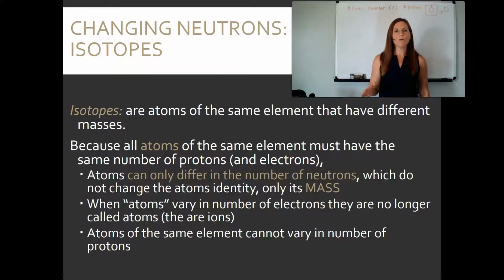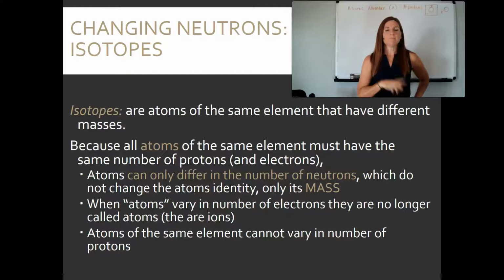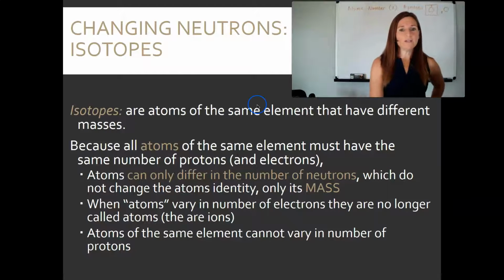An isotope is an atom that has a different amount of mass than the other atoms. And the only way this mass can change is by changing the number of neutrons in the nucleus of that atom. So atoms can only differ in the number of neutrons, not in the number of protons.